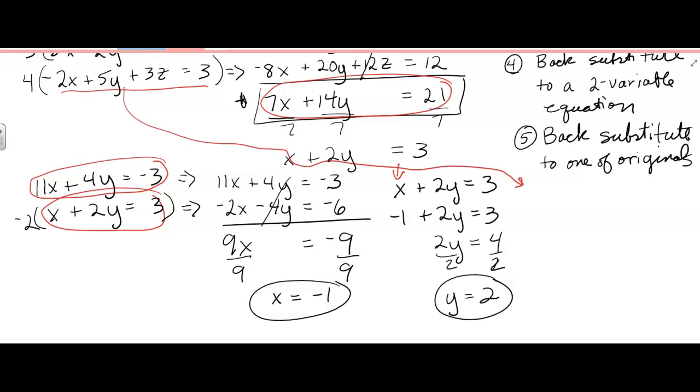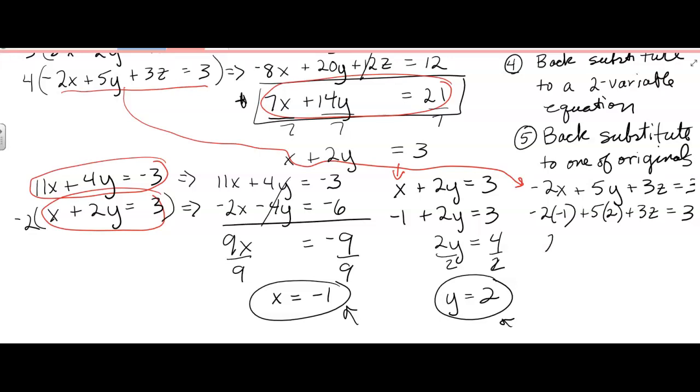So I have negative 2x plus 5y plus 3z equals 3. And then I'm going to put in my x and y that I figured out. Negative 2 times negative 1, because x is negative 1, plus 5 times 2, because y is 2, plus 3z equals 3. Okay, so now I have to figure stuff out.